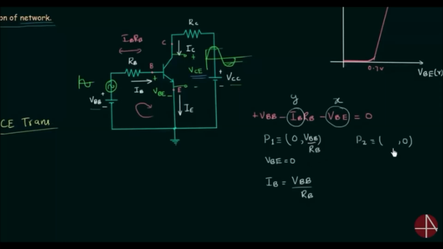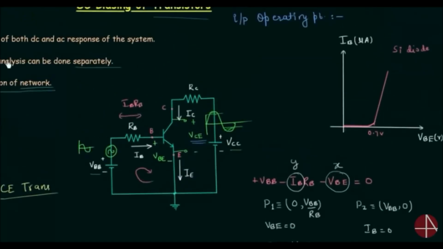In the second point, the y coordinate is 0. This means IB, the base current, is 0, and by using this equation, VBE is equal to VBB. So the x coordinate is VBB for the second point, and by using these 2 points we can easily plot the load line.